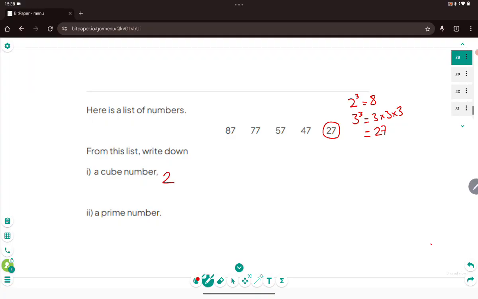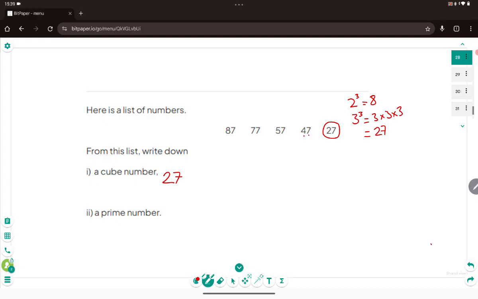What about our prime number? Now let's think about this. Right, so we know 27 isn't because it has 3 as a factor. Now, I know that a number is definitely in the 3 times table if you add up the digits and they're divisible by 3. 7 add 4 is 11.